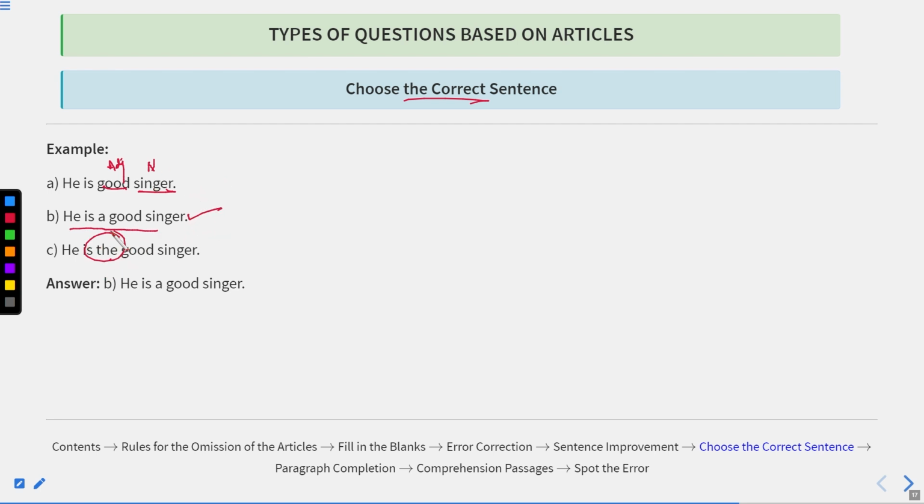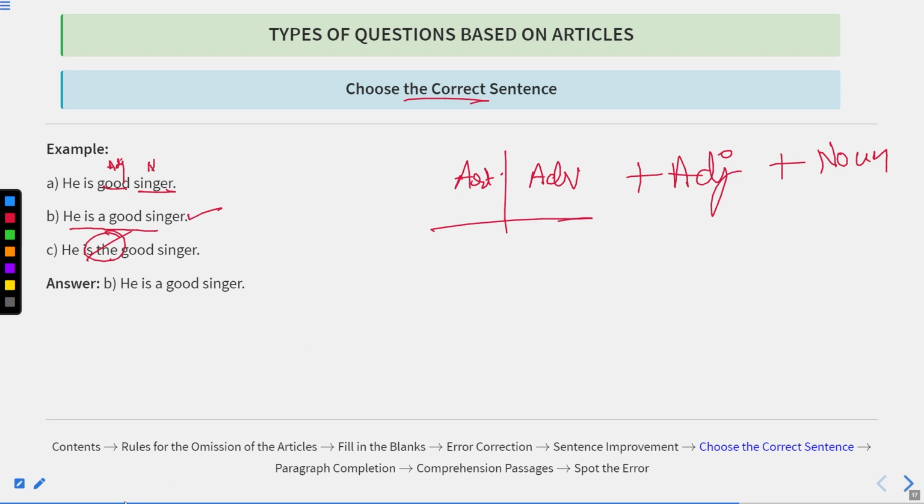He is the good singer. No. Indefinite article should be used in the rule of adverb plus adjective plus noun. If this is the proper sequence, we should use any article before the nearest word. Okay, but that article should be indefinite article, either a or an, which depends on the nearest word to it.